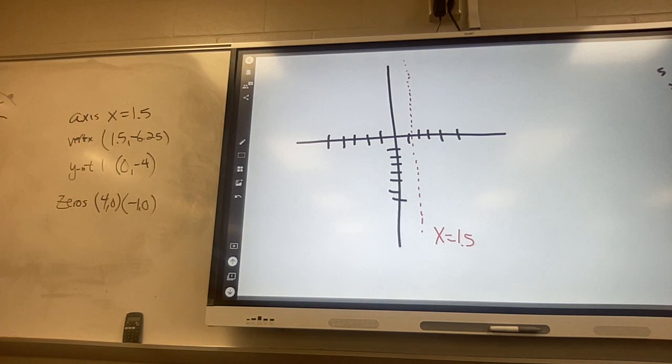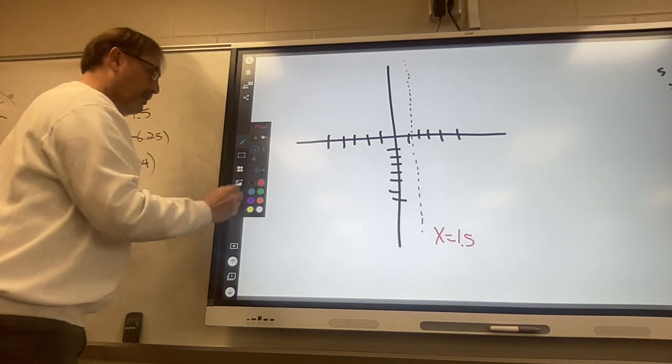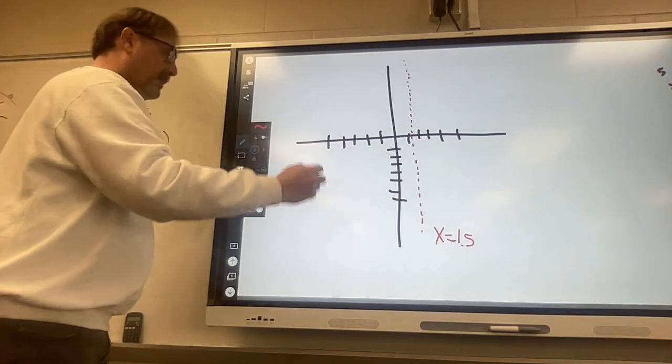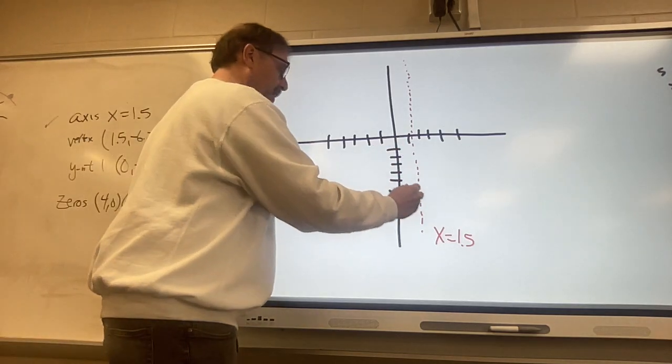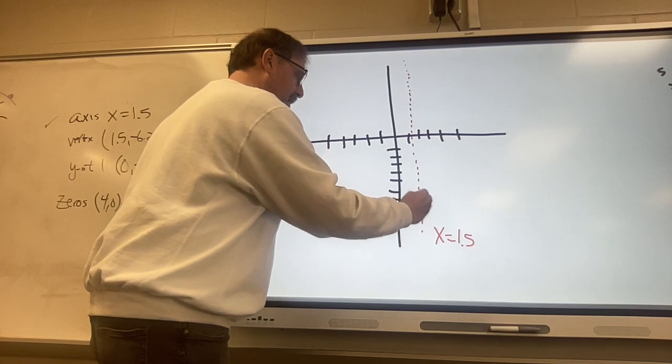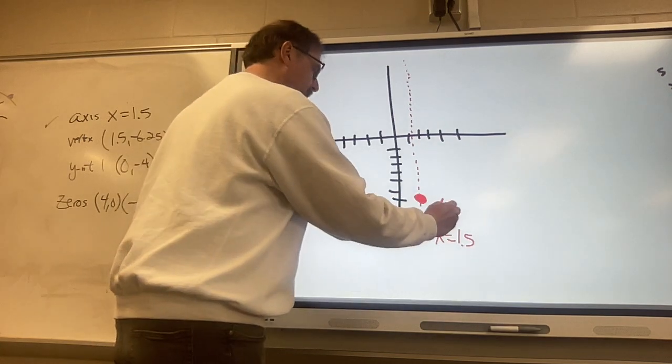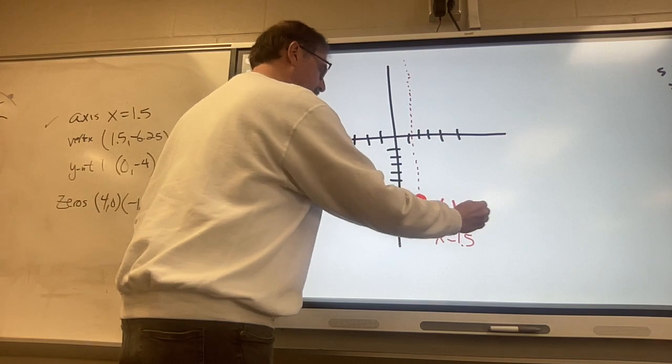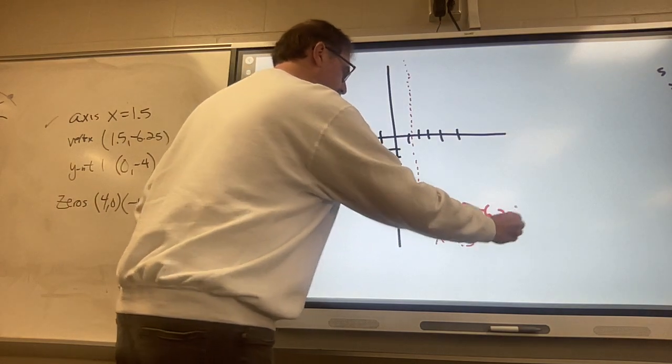Axis of symmetry. The vertex, labeling it is more important than getting it in the perfect spot. So I'm going over 1.5, down 6.25, and I'm labeling that as 1.5, comma, -6.25.